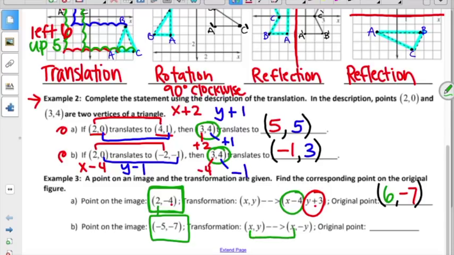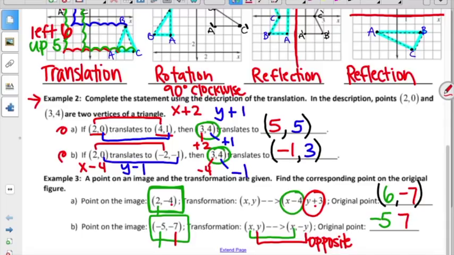So if it resulted at negative 7, well, what's the opposite of negative 7? Positive 7. And that was the original point that we started at, to end at a result of negative 5, negative 7.